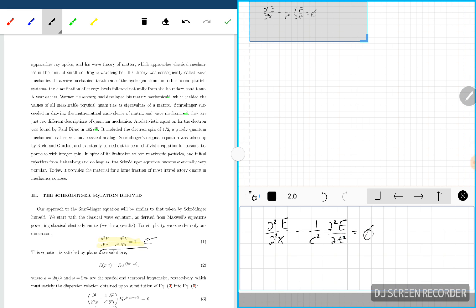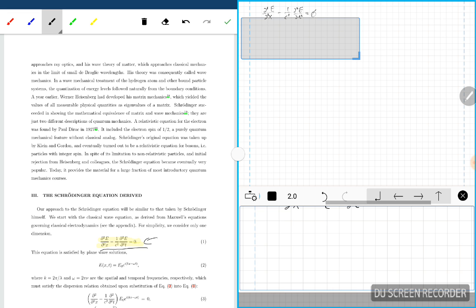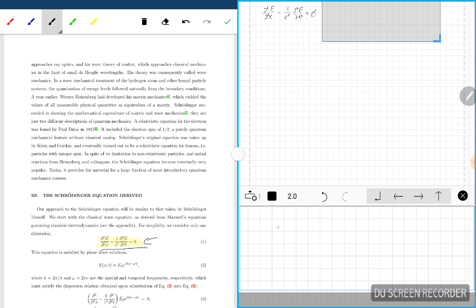Now what this means is that we have a wave that is going to be a sine wave, as we just drew it out, in both space and time. Now it could arbitrarily be either a sine wave or a cosine wave.